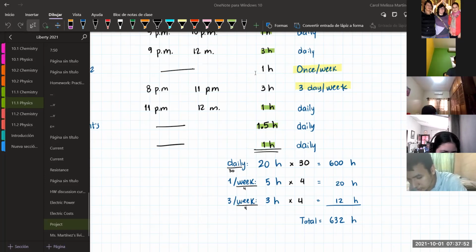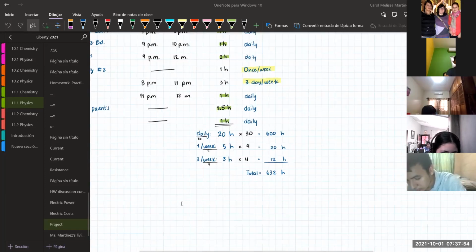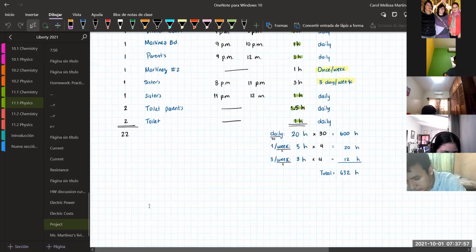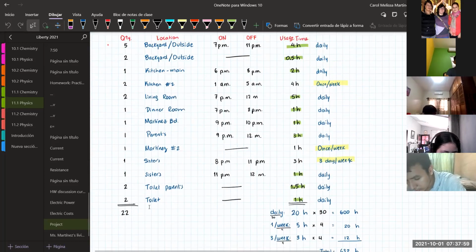Ok, eso es todo lo que yo calculo respecto a Blackbook. Pero como ustedes pueden ver, o sea, requiere cierto procedimiento. It is very simple though. Pero tengo que estar como pensando, ¿cuánto uso cada cosa? ¿Ok? O si usted dice, yo voy al baño después de cenar unas 4 veces.